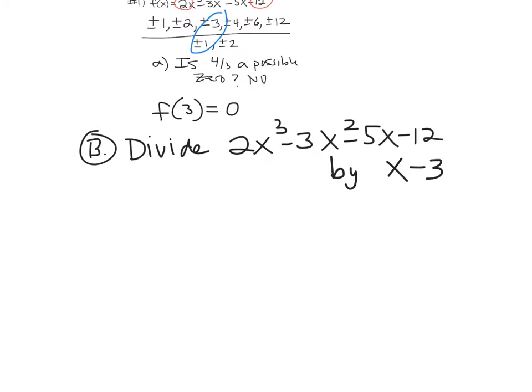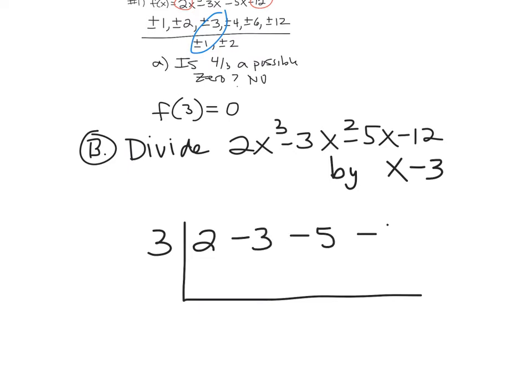So here's how you do synthetic division. You're going to take 3 instead of negative 3. You take the opposite. You turn your long division sign upside down. Do you remember this? You take all the coefficients and you write them here: 2, negative 3, negative 5, negative 12.